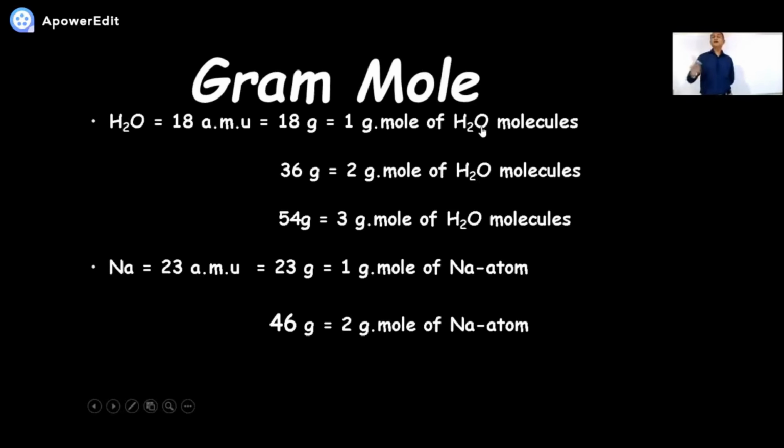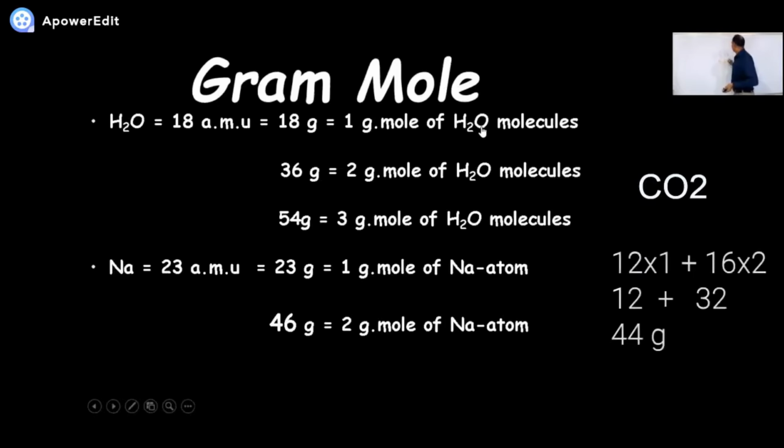1 mole of carbon dioxide means 44 gram. See how? Carbon dioxide, CO2. The mass of carbon is 12. The mass of oxygen is 16 times 2, 32, so 44.